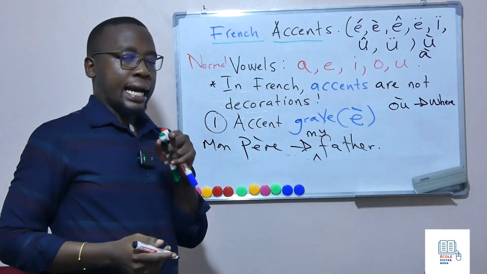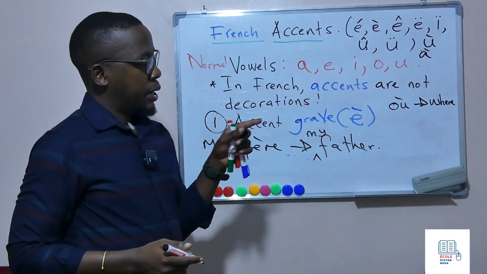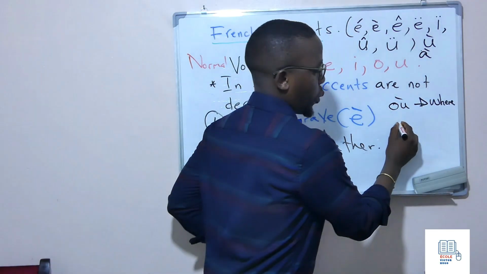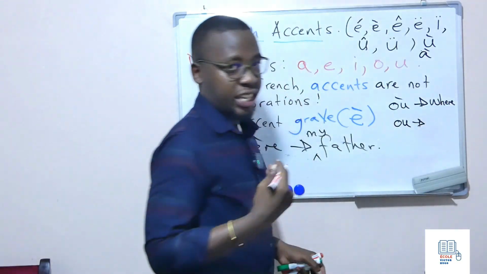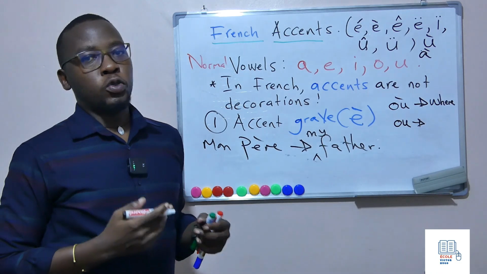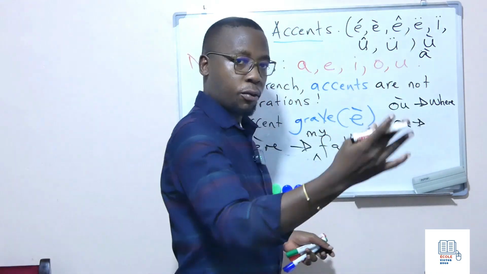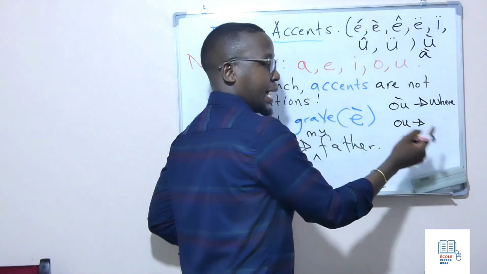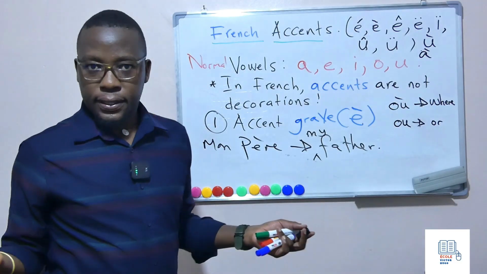Now, where these accents become so important is that if you write ou without an accent, the meaning will change, okay? They also help to determine differences in words. Here, où means where, but when you write it without the accent, it will mean or, for example, this or that, okay?